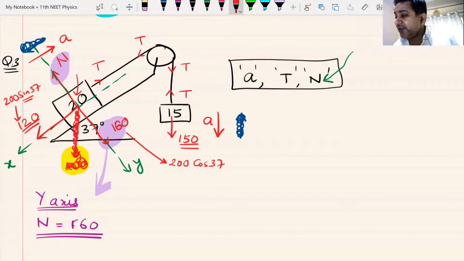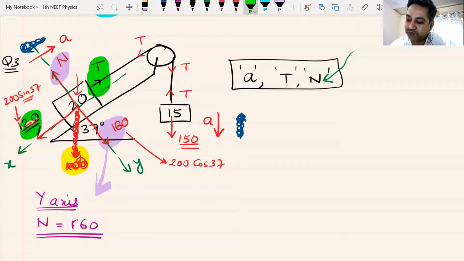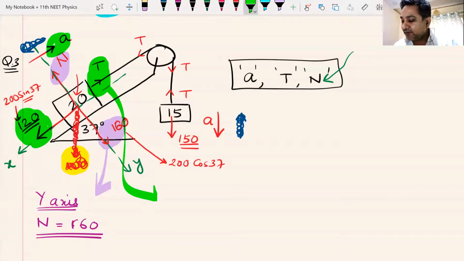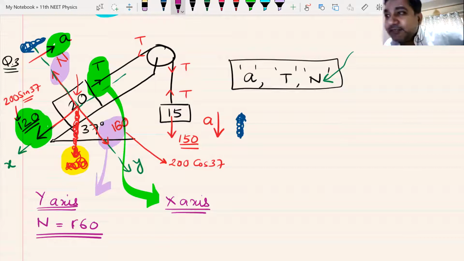So now I will write the green equation. T is upwards, 120 is downwards, and A is upwards. I hope all of you can see. That becomes my equation along the x-axis. What is the equation along the x-axis here?